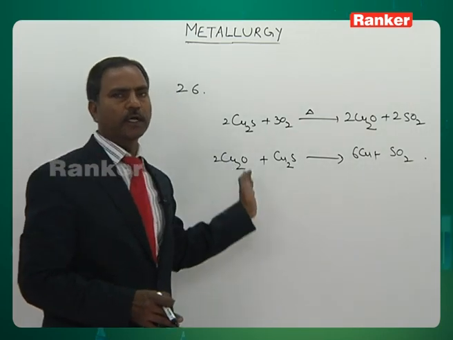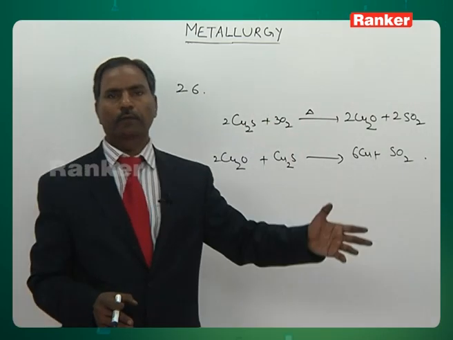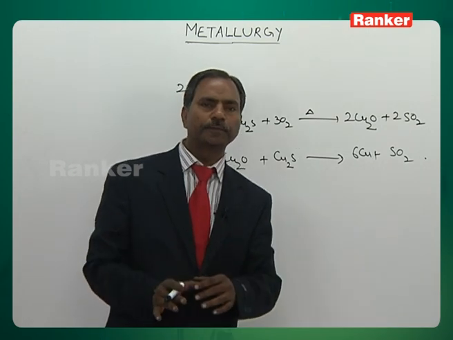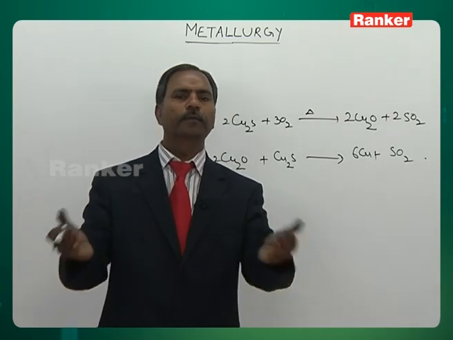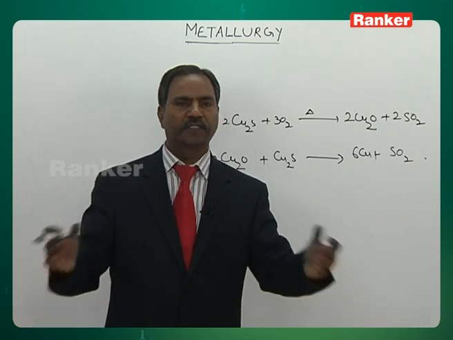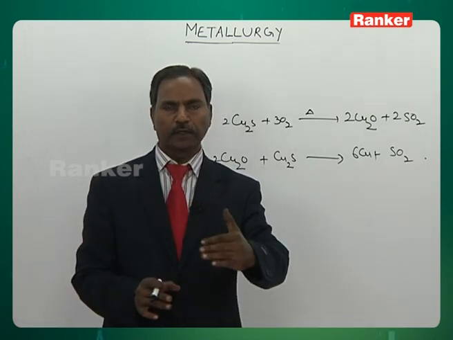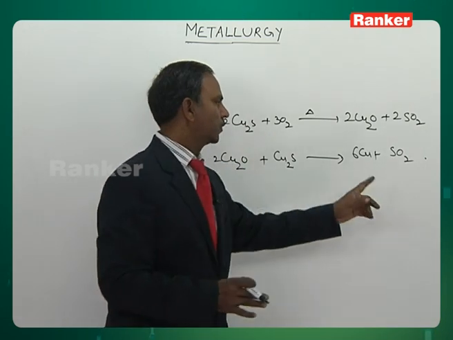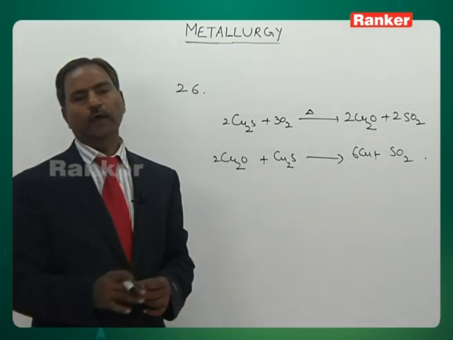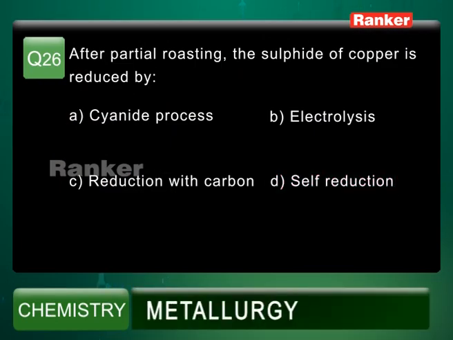This cuprous oxide is reducing the entire cuprous sulphide to copper. We are not adding anything to that, just heating in open air in the open vessel. This is what self reduction is. So, it itself is reduced to copper metal. Therefore, we call it what? Self reduction. Therefore, the 26th answer is D.